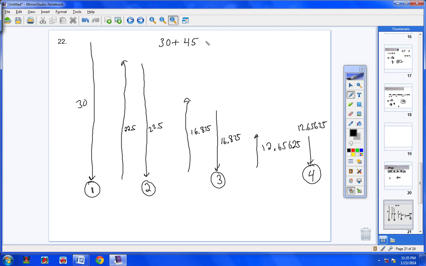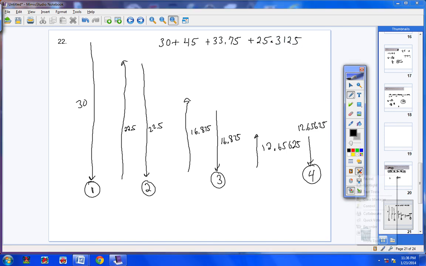Multiply that by 2, and we'll get 33.75, and then it went up and down 12.65625. So times 2, and that would be this right here, 25.3125.